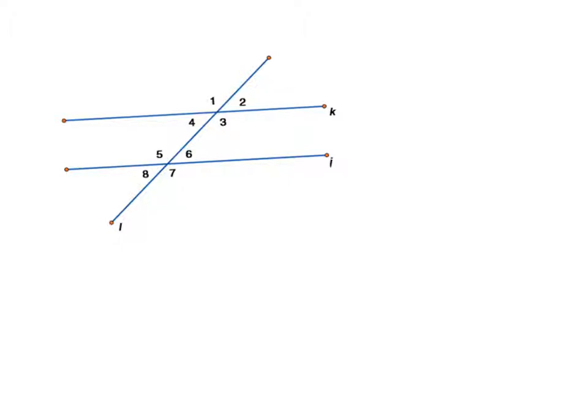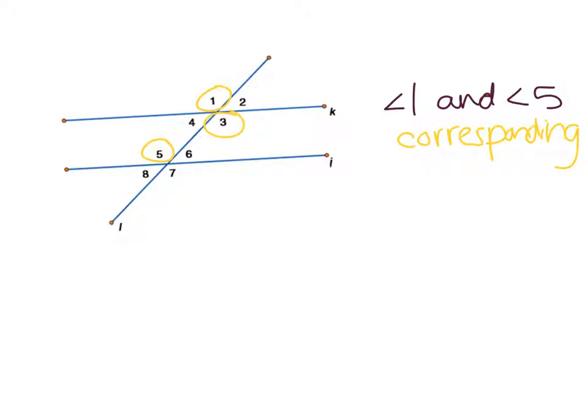If I were to ask you what is the relationship between angle 1 and angle 5, what would you say? Corresponding is the correct answer. What about angles 3 and 6?